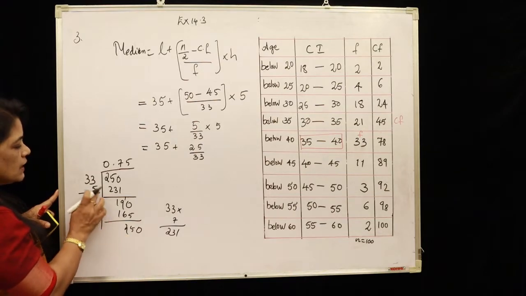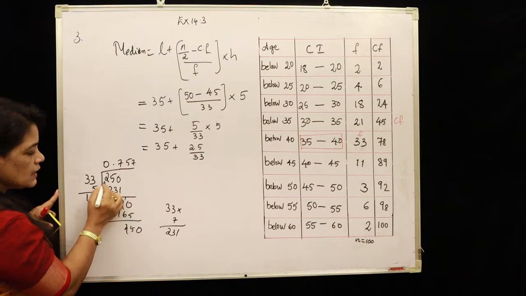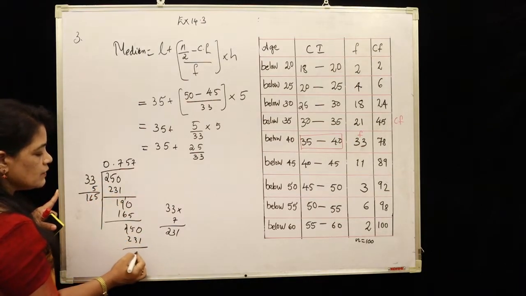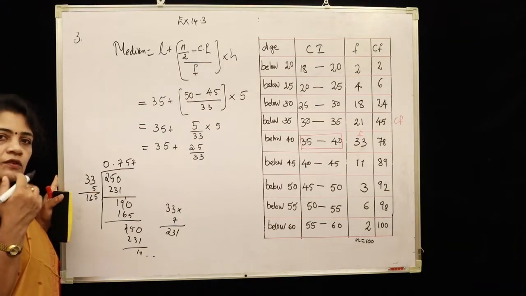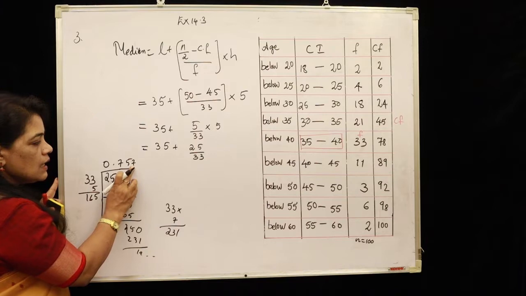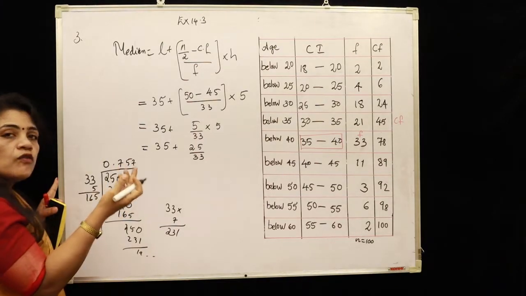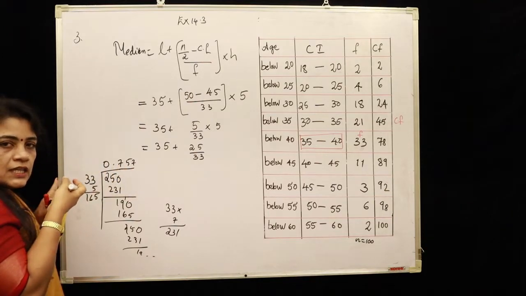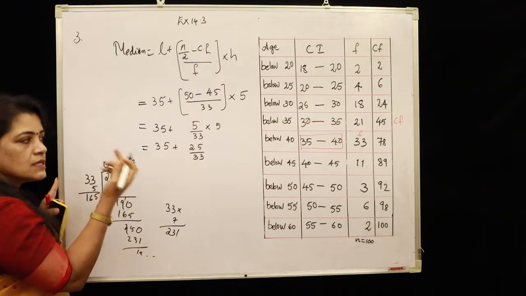We have already seen that, it's not 5 times, it's 7 times, that is 231. It will continue like this. We need only up to 3 decimal places so that we can round off to 2 decimal places. Since this third decimal place is 5 or above, we round off to 2 decimal places by adding 1 to the second decimal place. So 5 becomes 6.